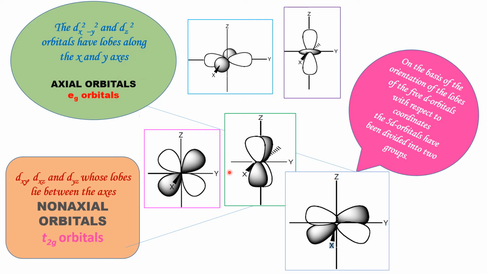According to group theory, the non-axial orbitals are also known as t2g orbitals. That means triply degenerate orbitals.